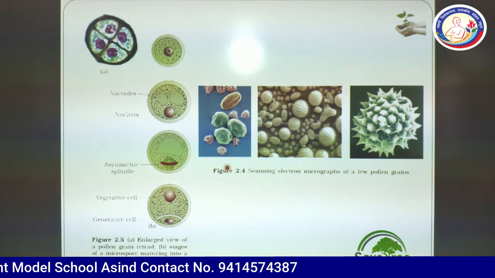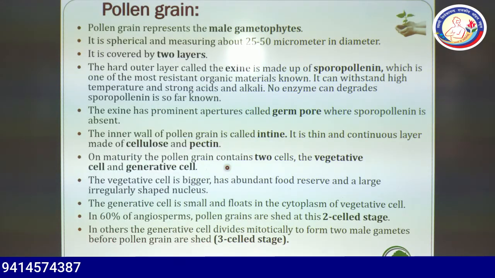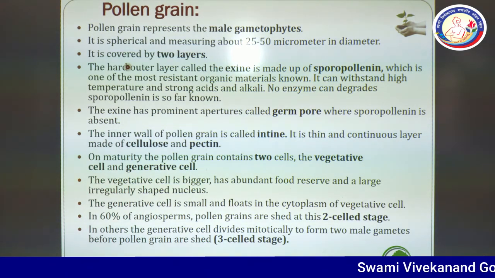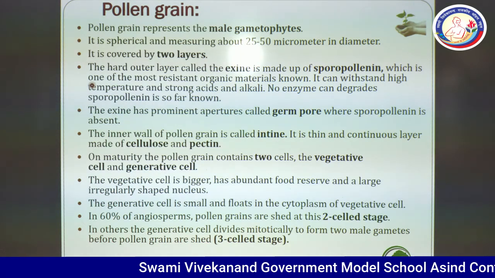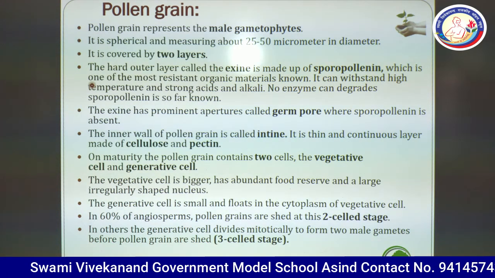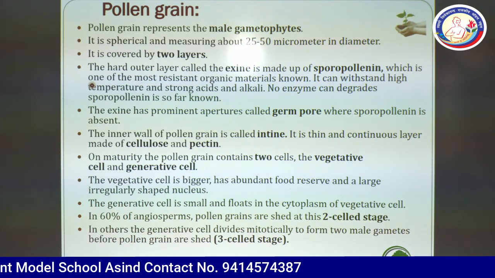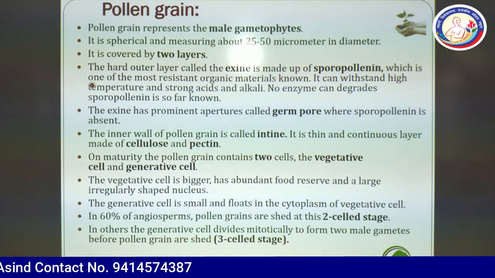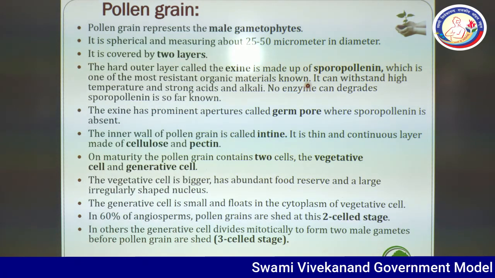and it can be explained by its structure. Now in a general pollen grain, it is covered by two layers, and the outer layer is exine and the inner layer is intine. The exine is the outer layer which is very hard, and it is made of sporopollenin, which is one of the most resistant organic materials known.